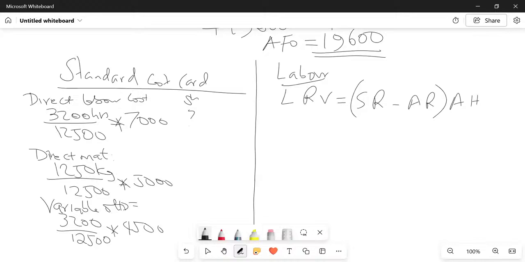So then our labor rate variance, ladies and gentlemen, will be equal to, are you able to see the standard rate from the standard card given? This is our standard card. So in terms of the standard labor rate, it is what here, somebody per hour? 7,000. Actual rate, I will take the actual labor cost divided by actual hours. Or is it given? At times they give us directly from the actual information given.